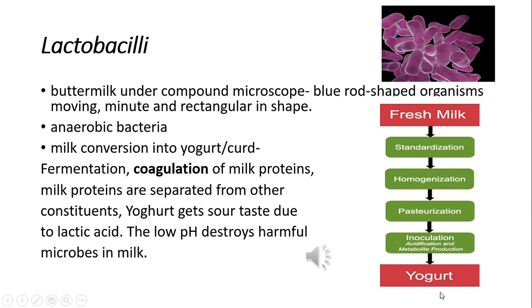Now you don't need to know details of this chart. I have just added this for extra information for you all. So this is how milk gets converted into curd, yogurt, and we get buttermilk and curd for our daily eating and drinking. This is a very common food in Indian culture.